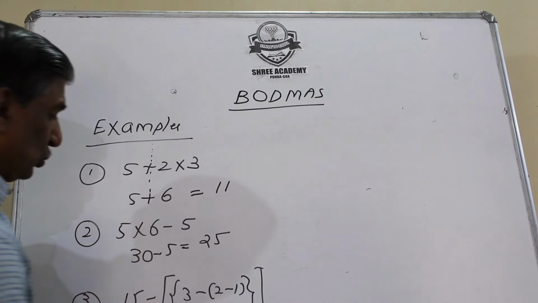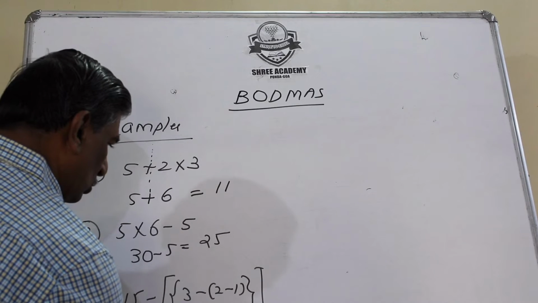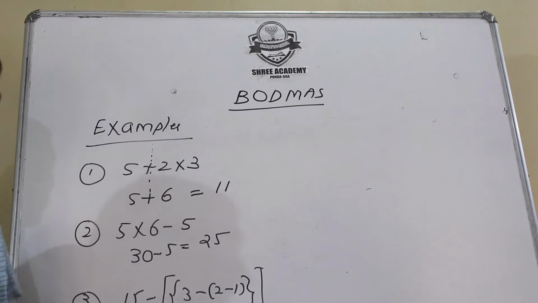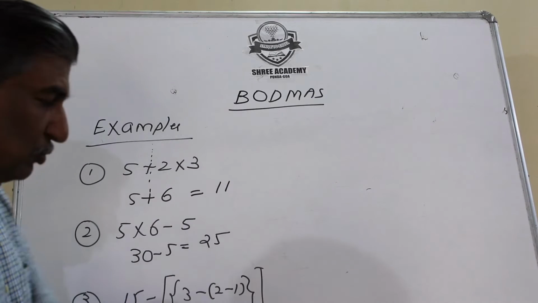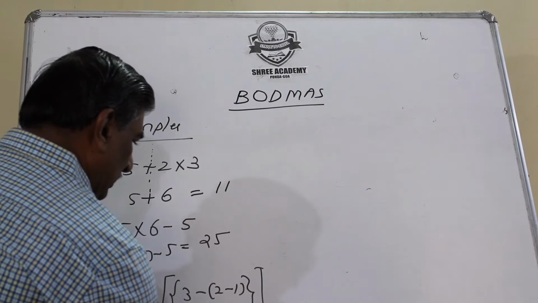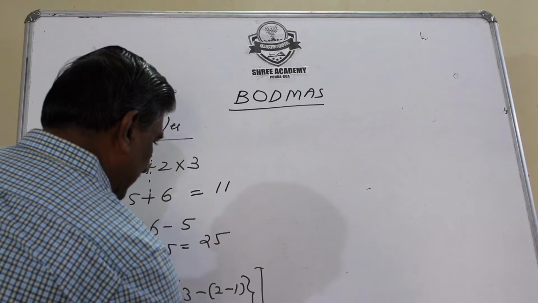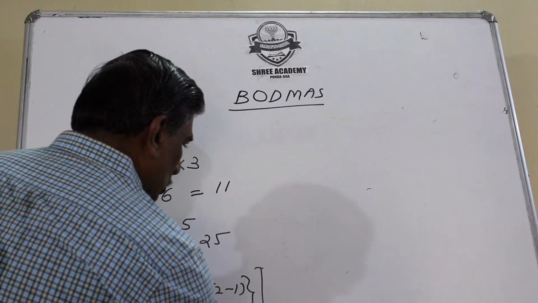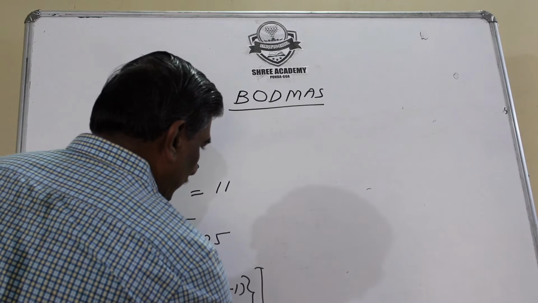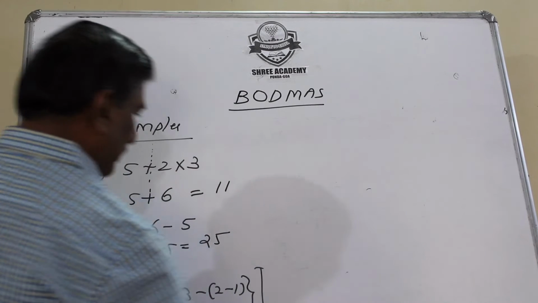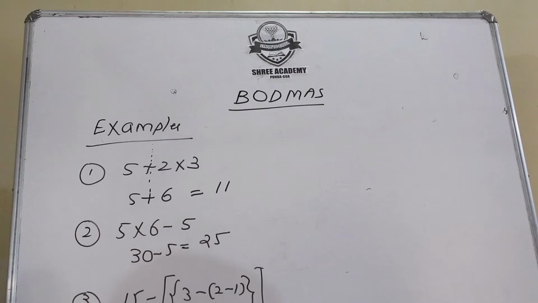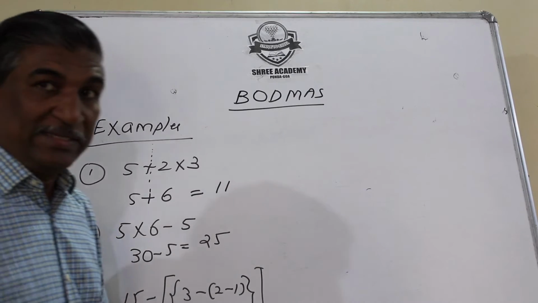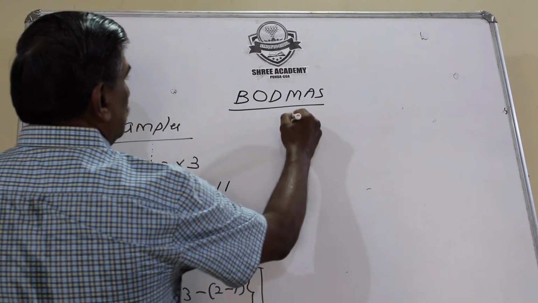Now 2 minus 1 means 1. So we have just simplified the innermost bracket, then come outside. Now this will be nothing but 15 minus 3 minus 1 is 2. So finally we get 15 minus 2 is 30. This is how we apply BODMAS in everyday calculations.